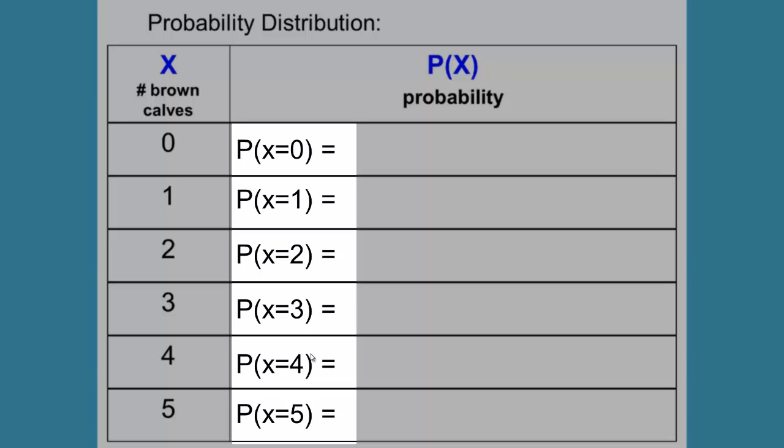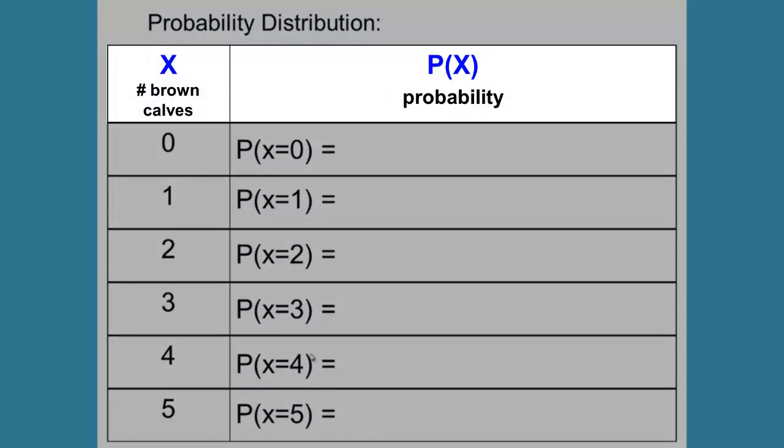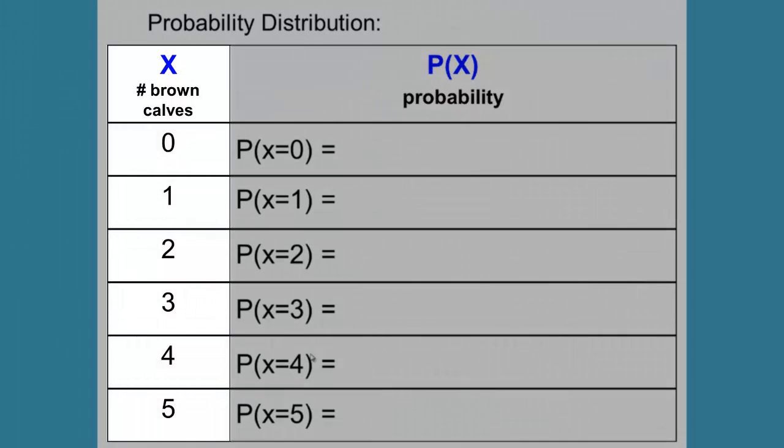Notice our notation, a capital P, then inside the parentheses what we're looking for, x equaling. The first column is the number of brown calves possible out of 5 calves born. We could have 0, 1, 2, 3, 4, or all 5 of the calves being brown.